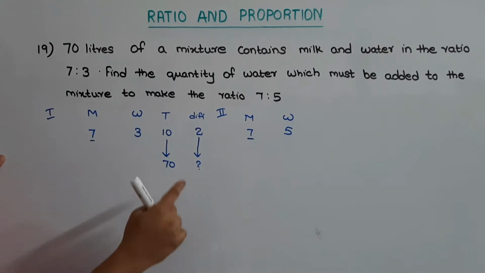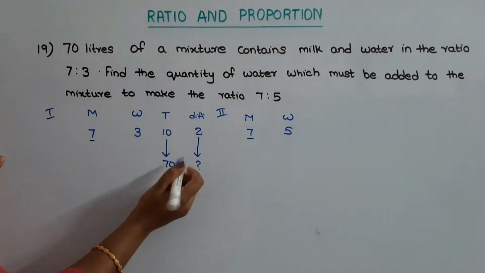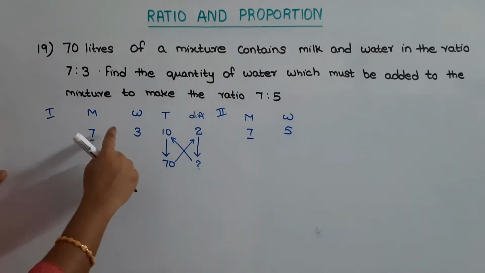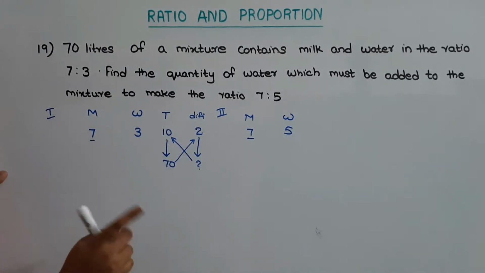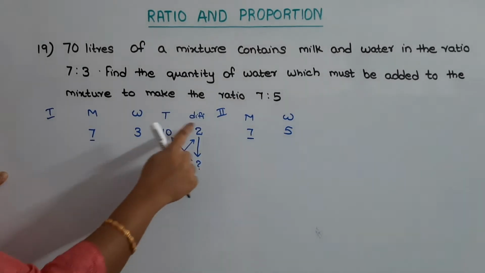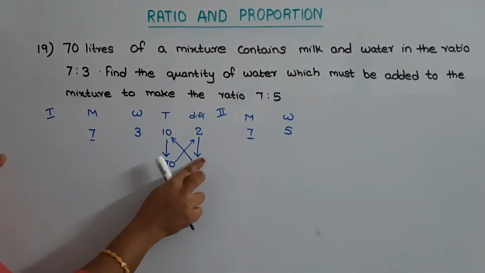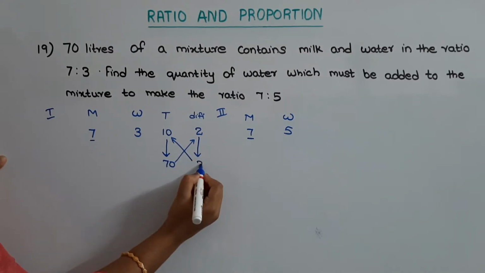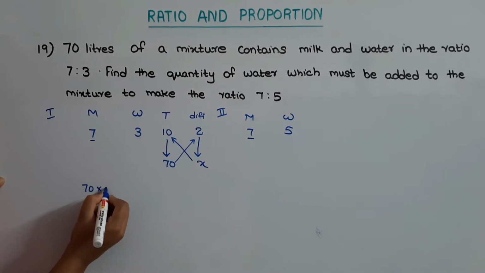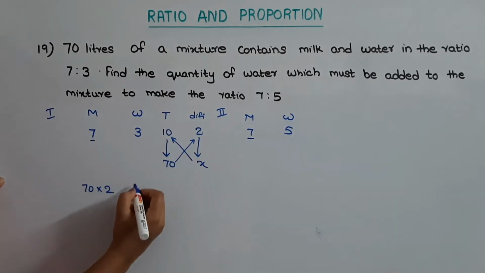So this we can find out by cross multiplying. Since the ratio and quantity are directly proportional to each other, we can find out this answer by cross multiplying. Now let us consider this as x. Multiply this 70 by this 2 and multiply this 10 by this x.